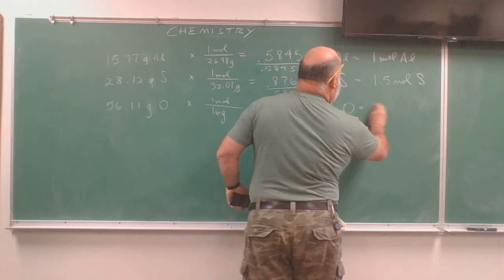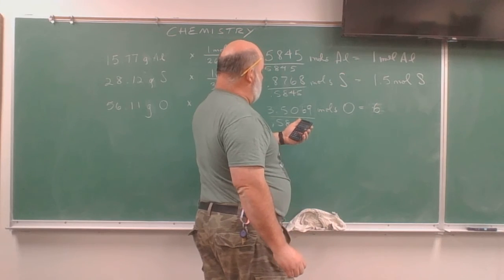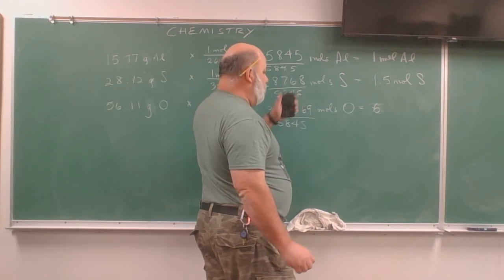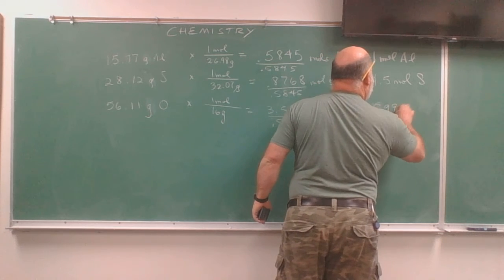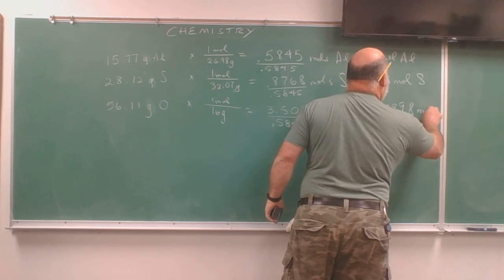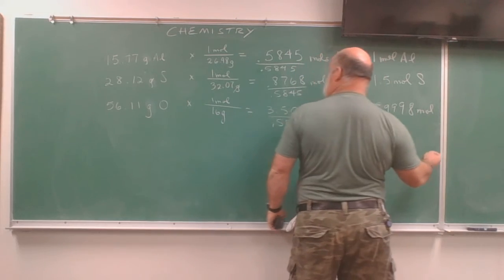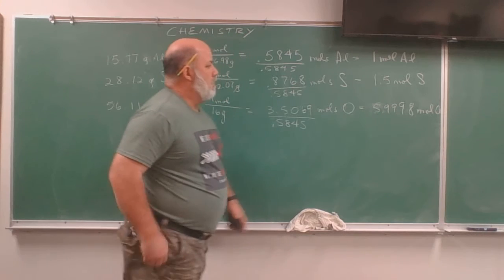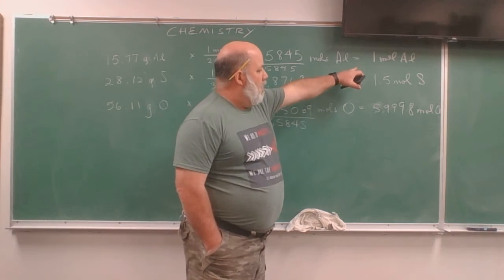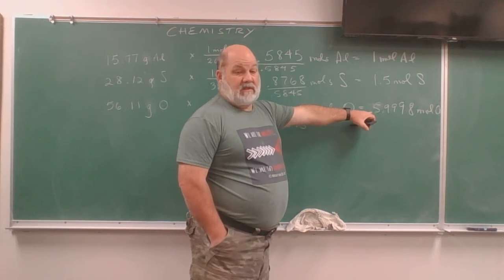Actually, it comes right, if you do round it even up to, well, 998, yeah, we get 6. It's 5.9998 moles of oxygen. Okay? So, they're in a ratio of 1 to 1.5 to 6.